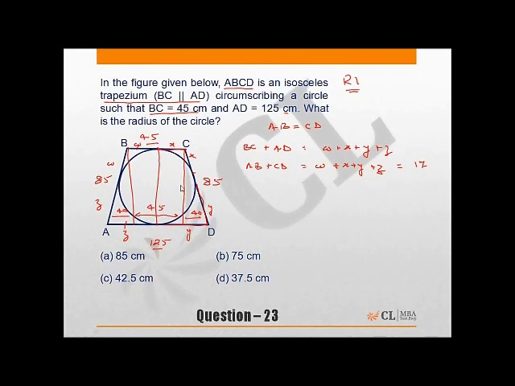So to find the perpendicular, this is what we need to find. This should be nothing but 85 square minus 40 square. 85 square is 7225, 40 square is 1600, which is 5625.